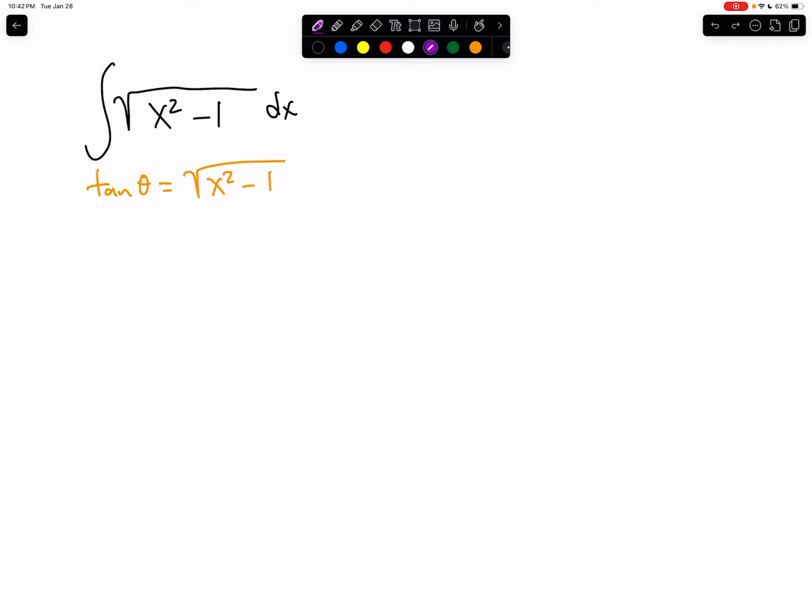So we're going to use the same logic we use when we set, for example, u equal to x squared minus 1. Since we're in the world of single variables here, I can just do du equals 2x dx. So let's apply that same logic here to tangent of theta equals the square root of x squared minus 1. Let's have secant squared of theta d theta equal to then, I'm going to skip a little forward here.